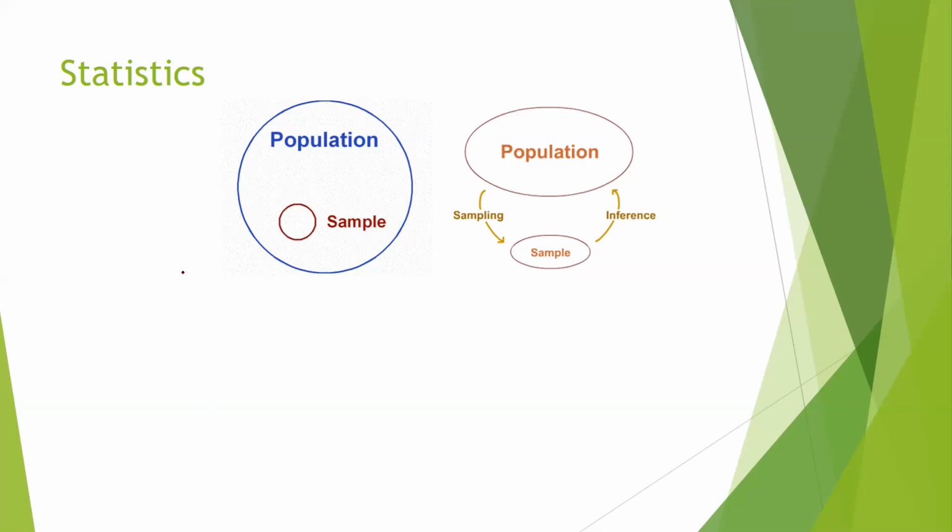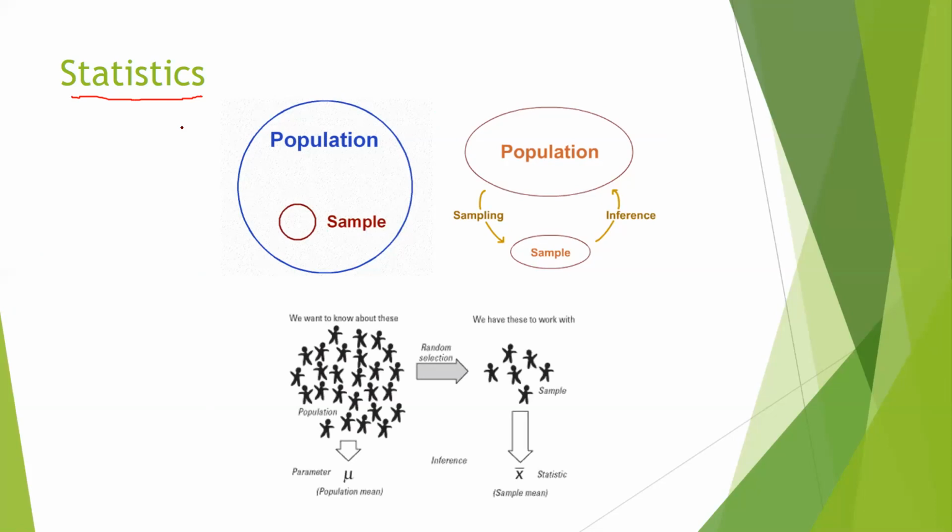All right, statistics, or statistical method, is a method that we can use to study a population. Suppose you are interested in finding out the average height of all the people on this planet. That's the population, the whole population, and you want to find out the average height of this population, which is mu.